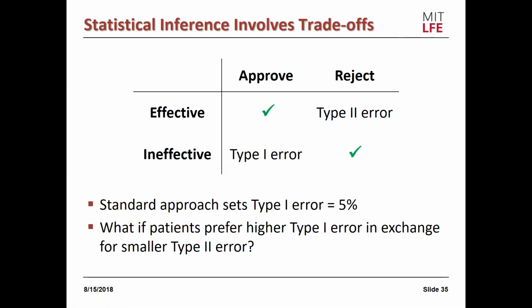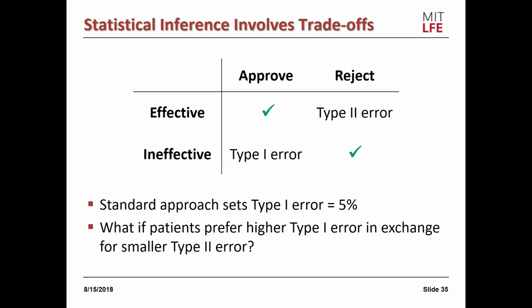A type 1 error occurs when we approve an ineffective therapy. This can be problematic because these therapies might also be associated with negative side effects. Typically, we try to set the type 1 error rate to something like 2.5 or 5%, and then we look for therapies that have p-values less than this threshold.